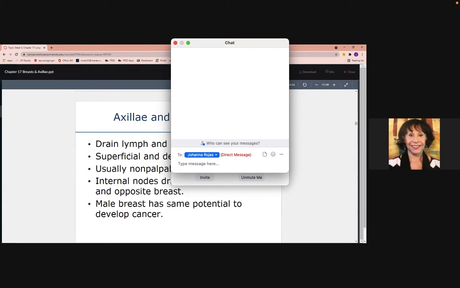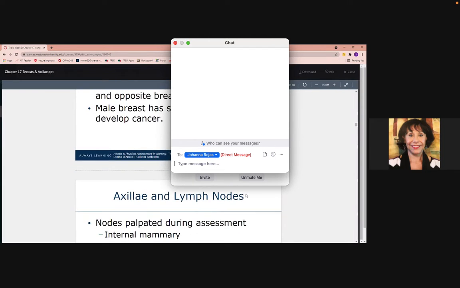With the breast, the lymph nodes drain lymph and return it to the blood, and they are superficial and deep, usually non-palpable. Internal nodes drain towards the abdomen and opposite breast. The male breast has the same potential to develop cancer, but breast cancer in the male is very rare.